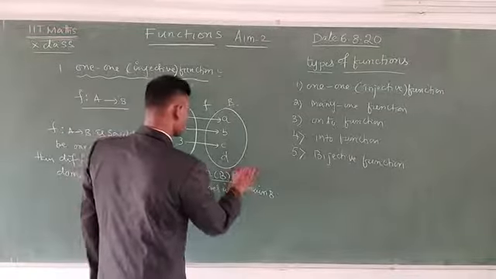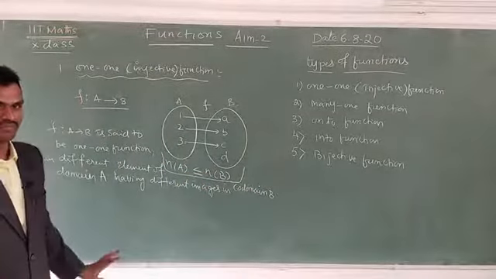It is possible only when n(A) is less than or equal to n(B).